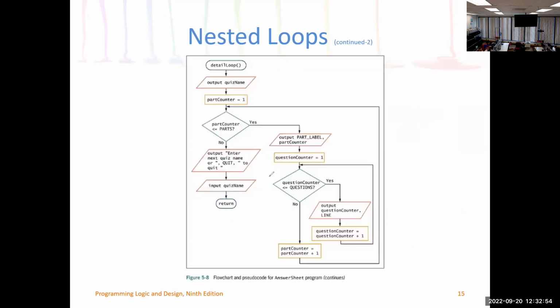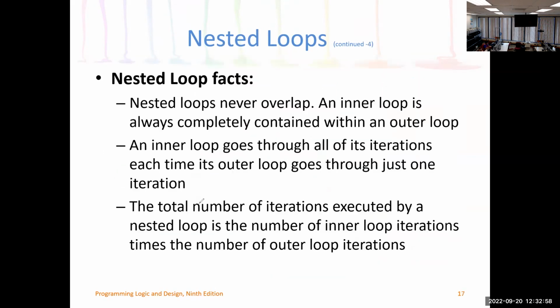Now, nested loop facts. Nested loops never overlap. That means if you nest, you have to put one loop totally inside another one. Never overlap here. The inner loop goes through all of its iterations each time, and each outer loop goes through just one iteration.